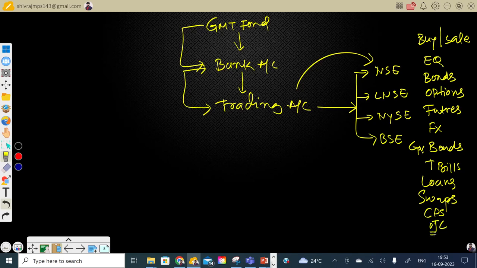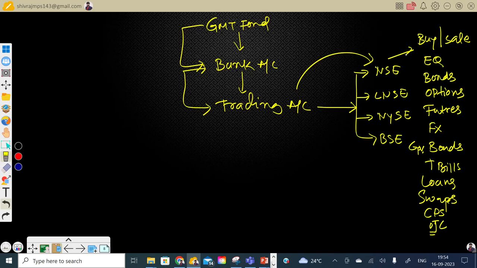If you want to buy all such instruments, the trading account plays a crucial role. Without a trading account, you cannot buy and sell securities. Understand that also.